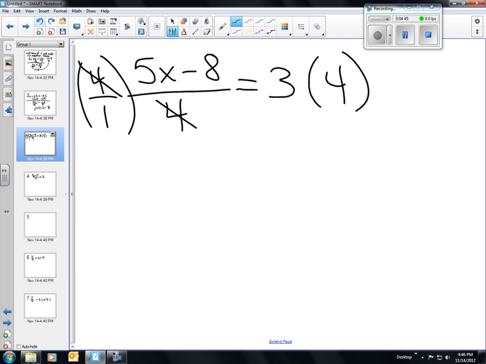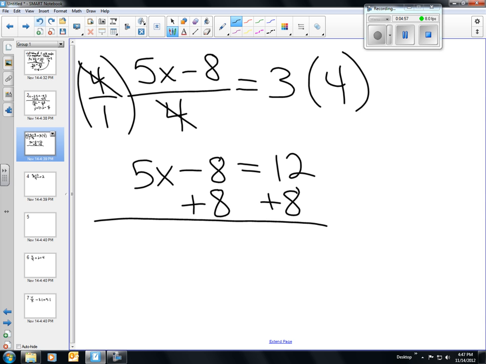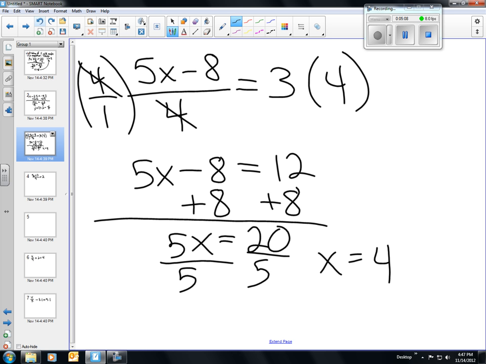And on the right side, we're going to get 12. So on the left side, we'd be left with 5x minus 8 equals 12. And then we would work with the negative 8, so we would add 8 to both sides. So that 5x equals 20. And then we would do the opposite operation of multiplying by 5, which would be to divide by 5, and then x is going to be equal to 4 in this case.